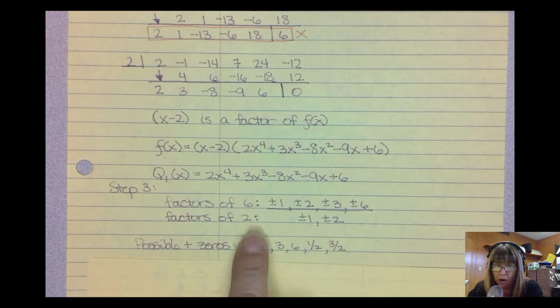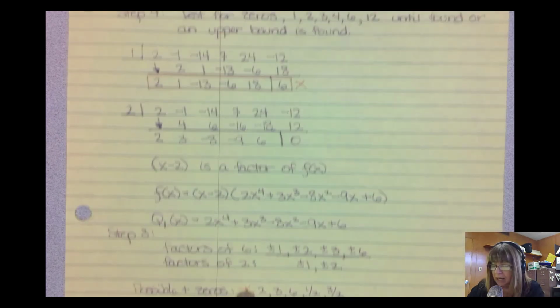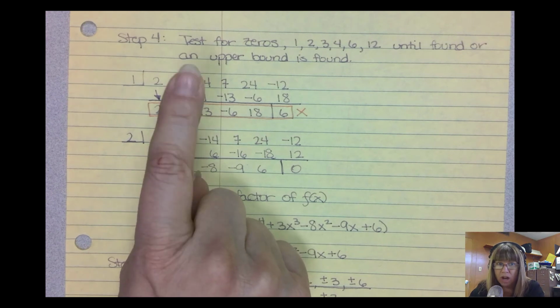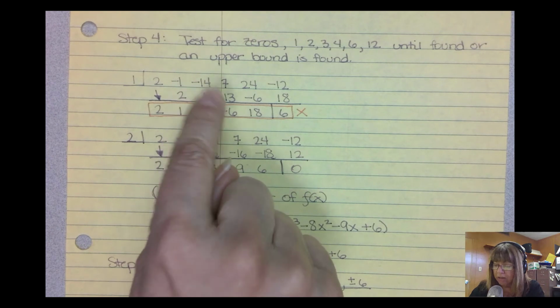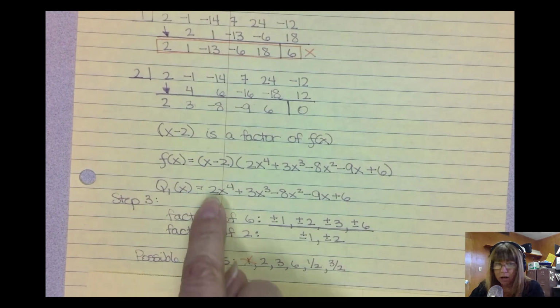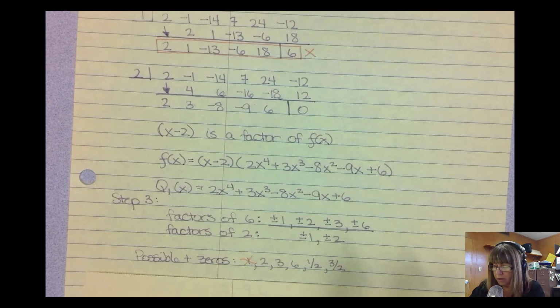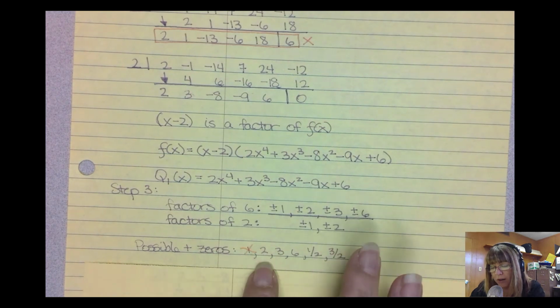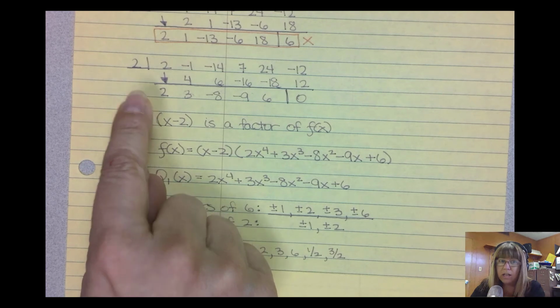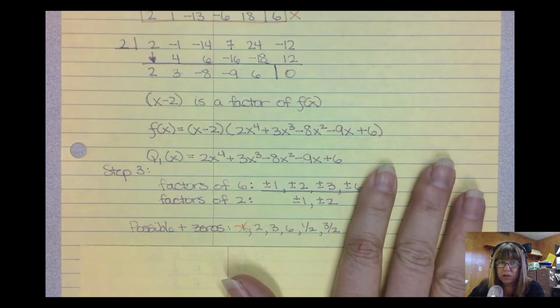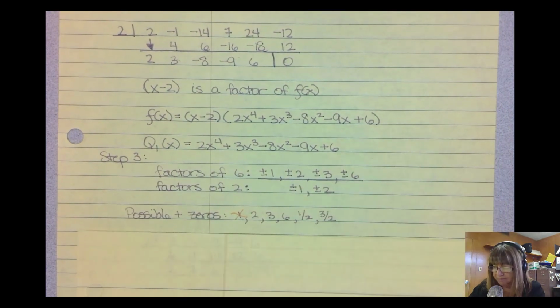Now the reason why I crossed off the 1 is because 1 was not a 0 for the whole function, and therefore it's not going to be a solution for our depressed function. So we don't have to do 1. We do have to do 2 again because 2 could have had a multiplicity of more than 1.